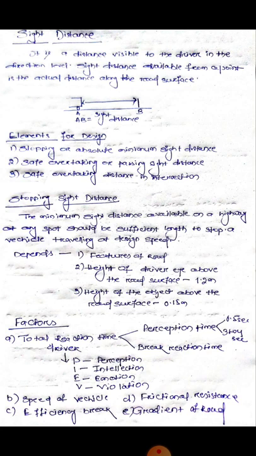In total reaction time there is a theory called PIEV theory, where P stands for perception, I for intellection, E for emotion, and V for volition. In perception, if the driver sees an object on the road, he realizes through the nerve system whether to stop the vehicle or not. Intellection means the thinking power of the driver.